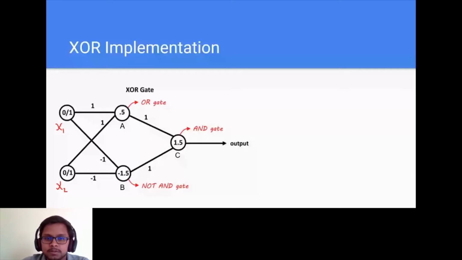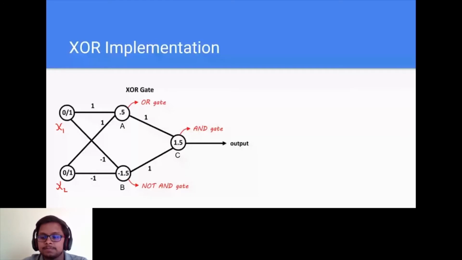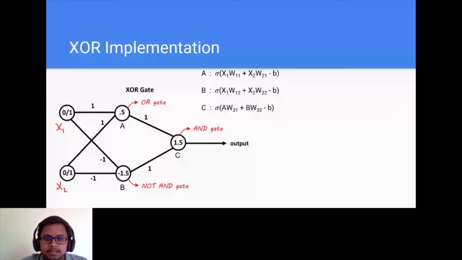So we just saw the diagram of the XOR gate over here. What we are trying to do now is implement this with the neural network. So I expect my first neuron A over here to work as an AND gate. And the equation for that would look something like this. The result A would be sigmoid of X1 into its weight W11, which is 1, plus X2 into its weight.